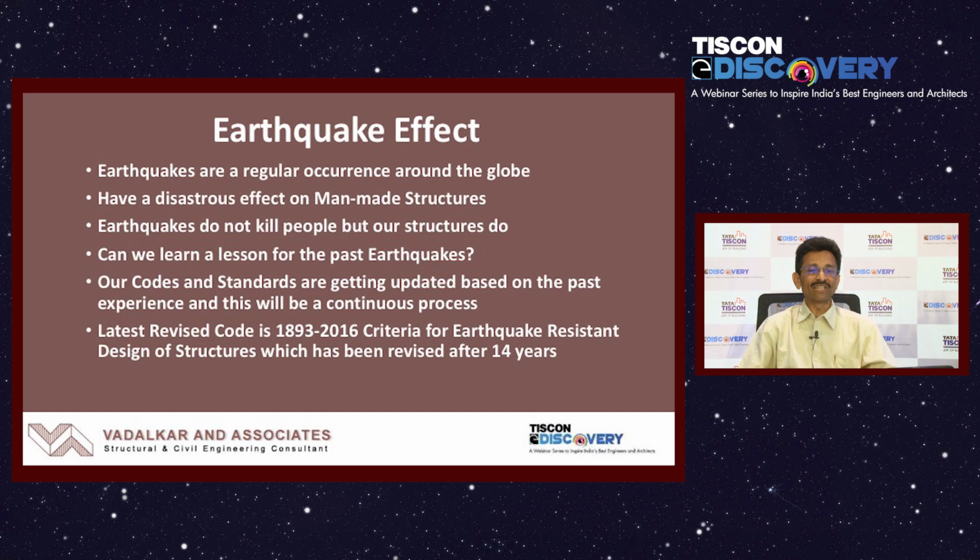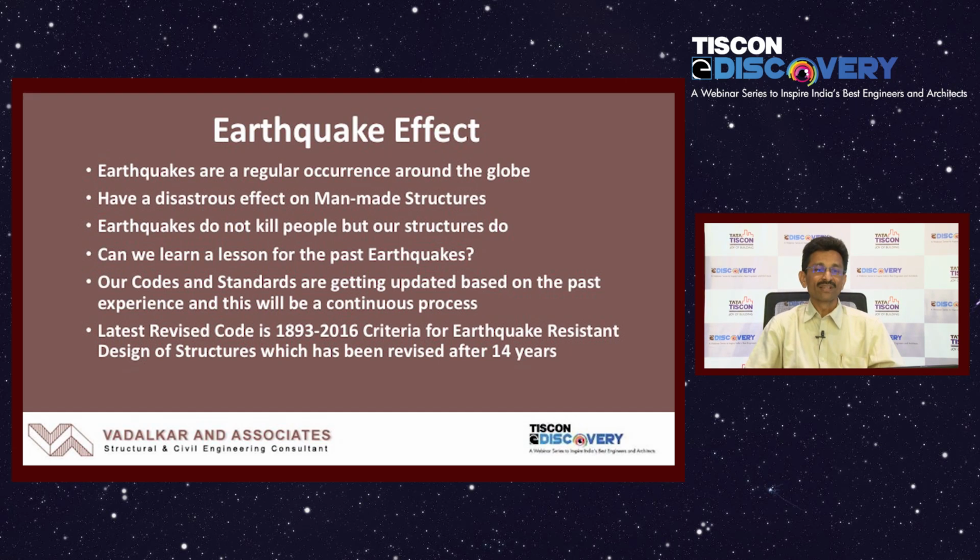So the question is, can we learn some lessons from the past earthquake events? Are we retrospecting? And of course, our codes and standards are always getting updated based on the past experience, and that is a continuous process, because we need to update our standards and code practices based on the experience we have gathered.